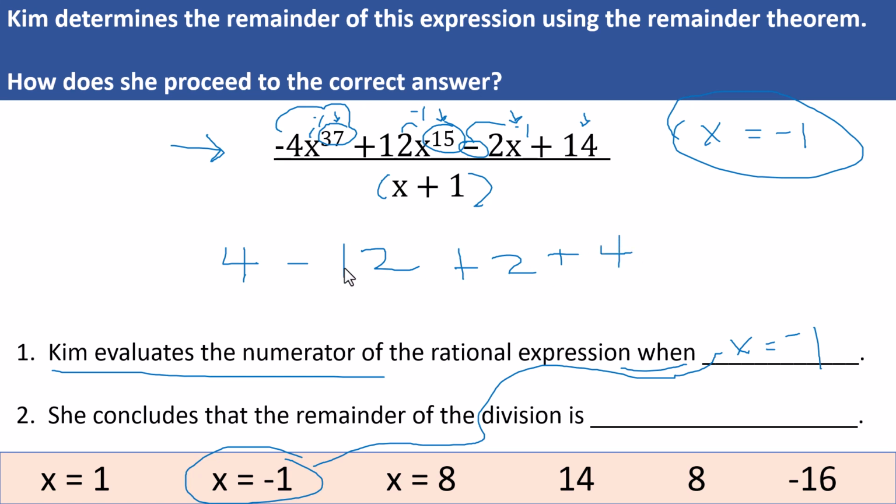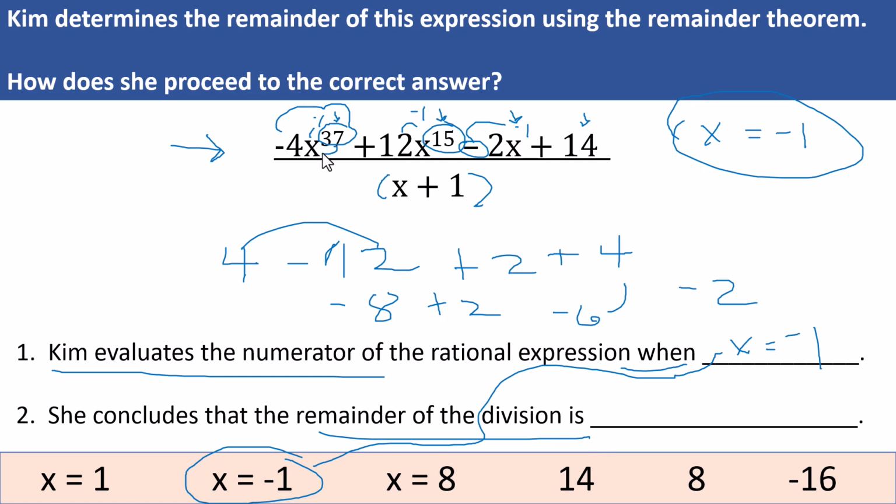And if we add that together, I've got, let's see, 4 minus 12 is -8, plus 2 is -6, plus 4 is -2. And I don't think I did that right because I rushed through because I don't see that as an answer. So the remainder of the division is, maybe I didn't put the right answer. Let me go back and try that again.